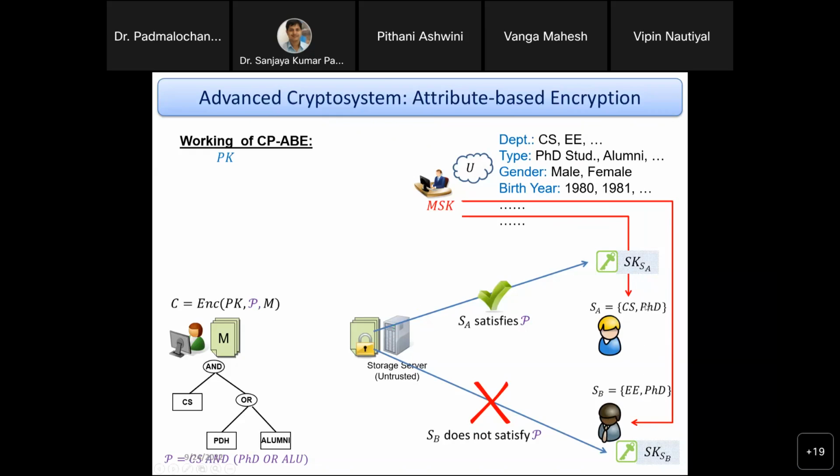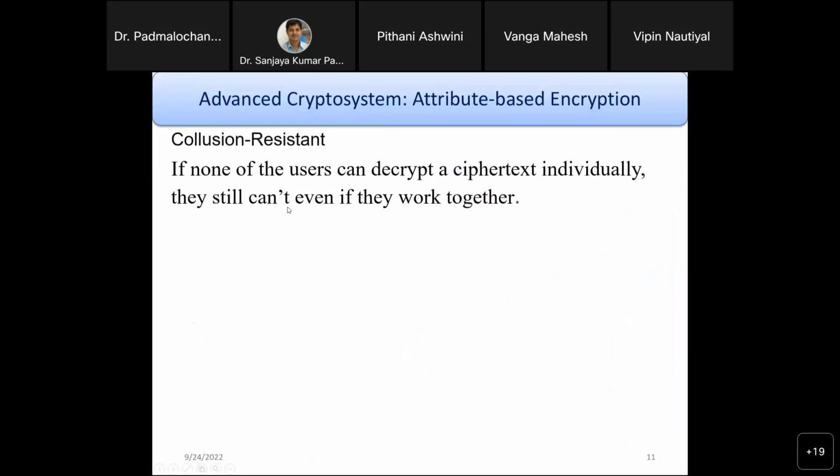It may happen that two users independently are not able to access the data, but when they share their attributes, the policy tree is such that they are able to decrypt the ciphertext. That should not be allowed. Your mathematical construction should not allow that: if none of the users can decrypt this ciphertext individually, they still cannot, even if they work together or share their attributes.